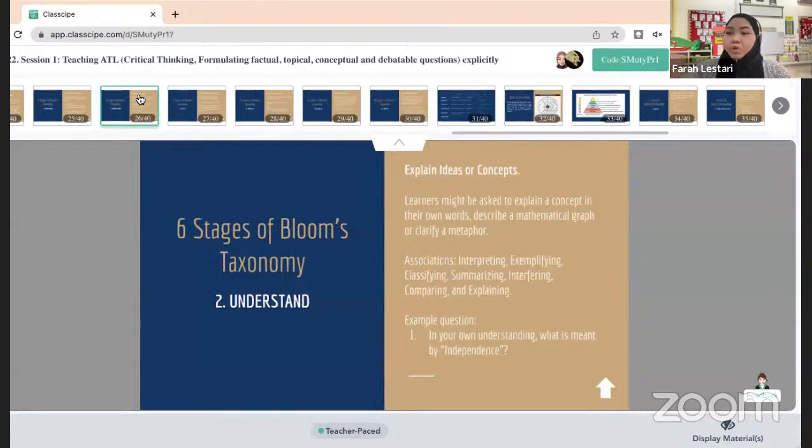Might be transferring some numerical information into verbal form, as an example, and then exemplifying, or finding specific illustrations of a concept or principle. Classifying is determining a category of something, and summarizing is retrieving the general theme or significant points.